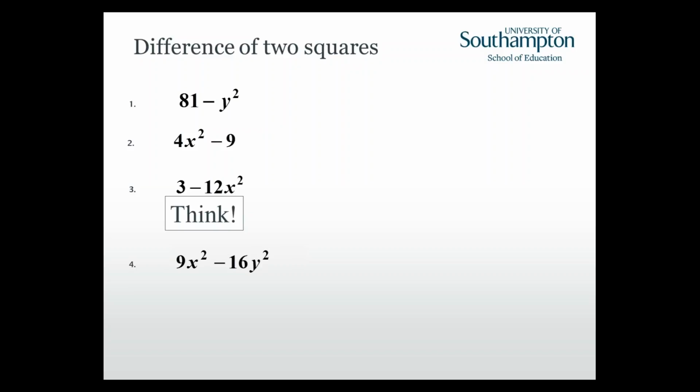Yeah, exactly. So they've just got to be able to spot that if we've got a square number and a minus in between, so if they're both squares, then they can hopefully recognise that it's the difference of two squares.